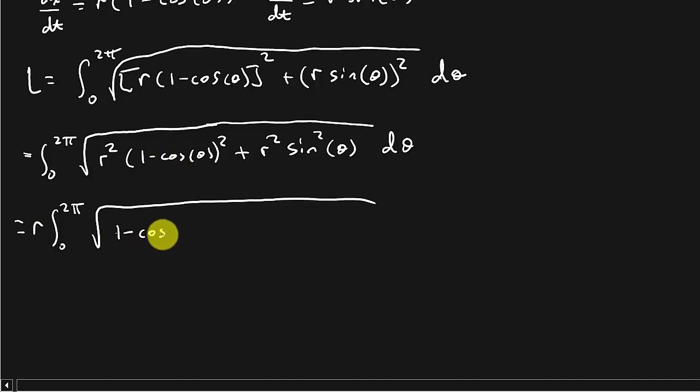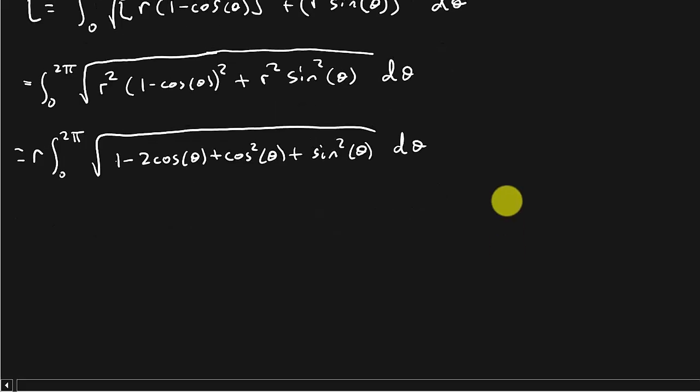1 minus 2 cosine theta plus cosine squared theta plus sine squared theta d theta. All right, so we're getting there.